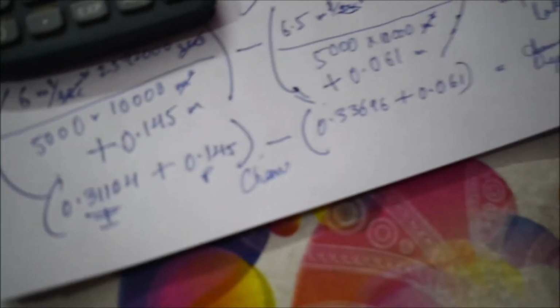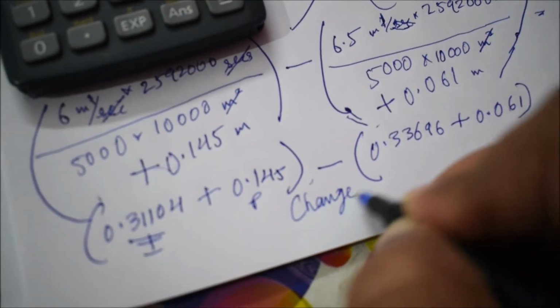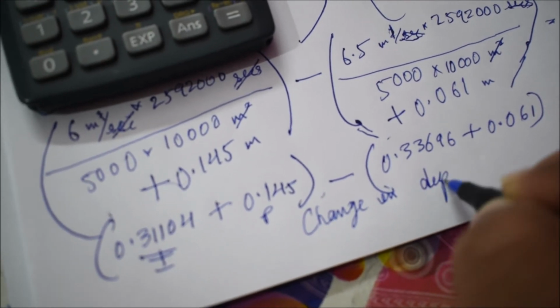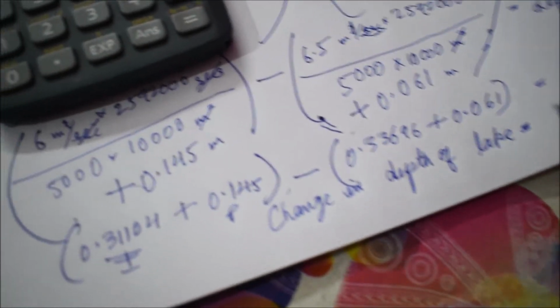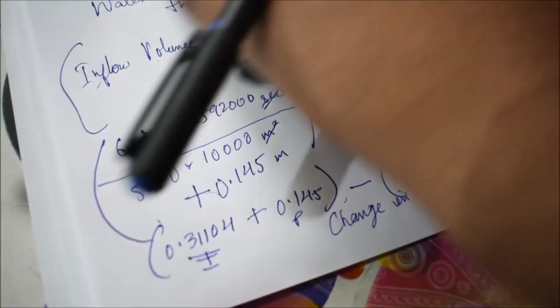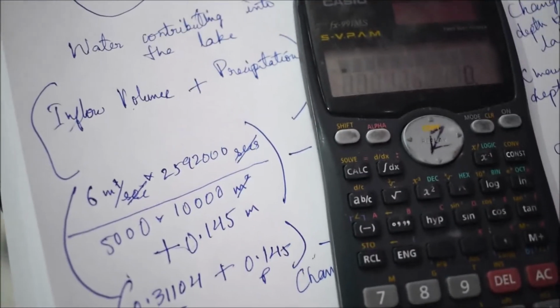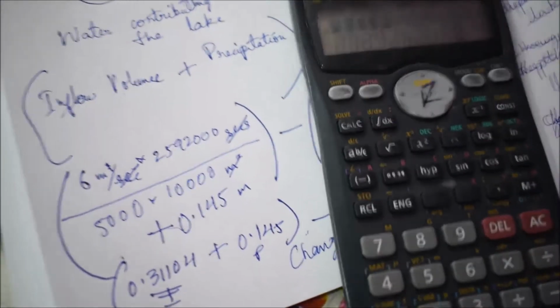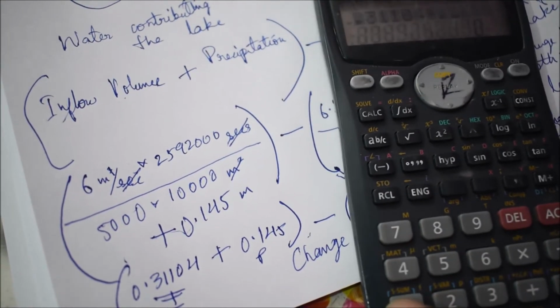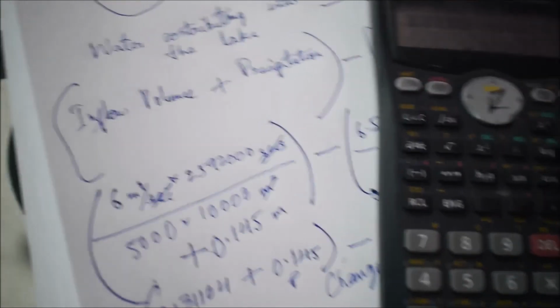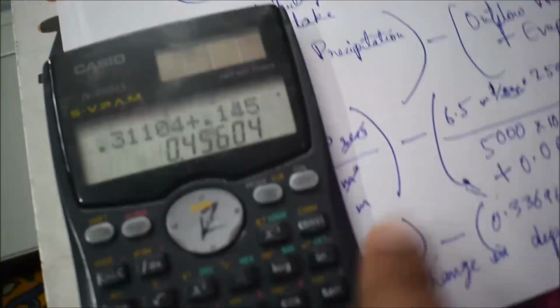Change in depth of lake is equal to, let us solve this equation, 0.31104 plus 0.145, this is 0.45604.